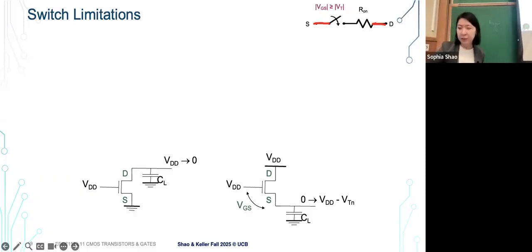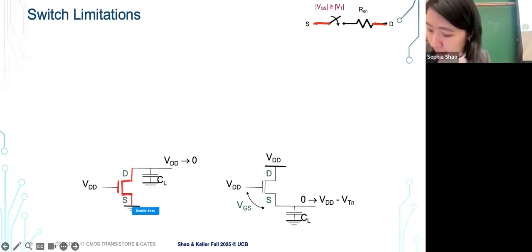In particular, when we think about voltage, instead of just a switch abstraction, let's actually think about an NMOS device. Here's our NMOS device, and here's our gate.